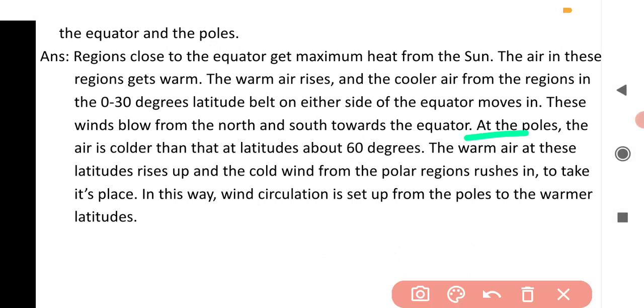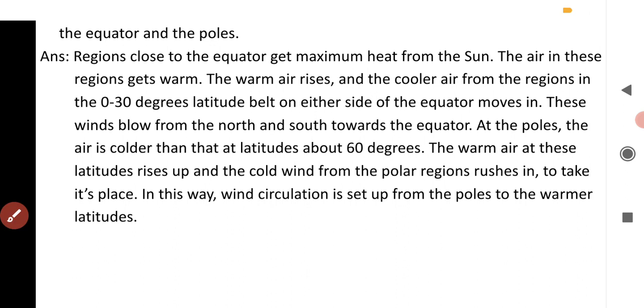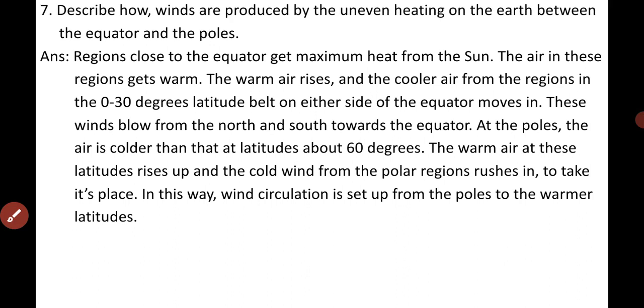Next, at the poles, what happens? At the poles, the air is colder than that at latitudes about 60 degrees. The air at latitudes of about 60 degrees on both sides of the equator is warmer than at the poles, which is very cold. Air at the polar regions is cold. So what happens?